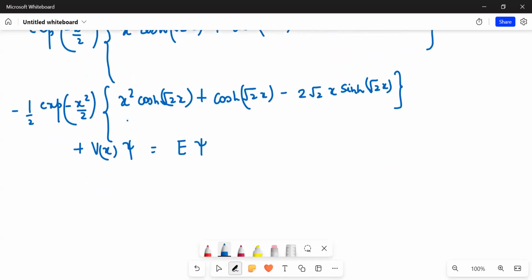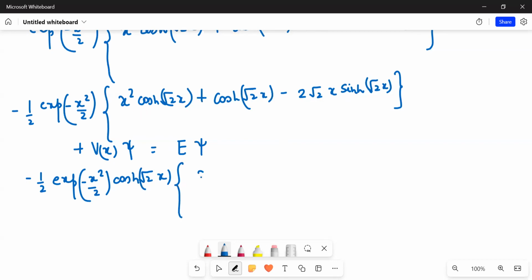Okay. Now here, if I take cos hyperbolic root 2x common, I'll simply get minus 1 upon 2 exponential of minus x square upon 2 times cos hyperbolic root 2x.